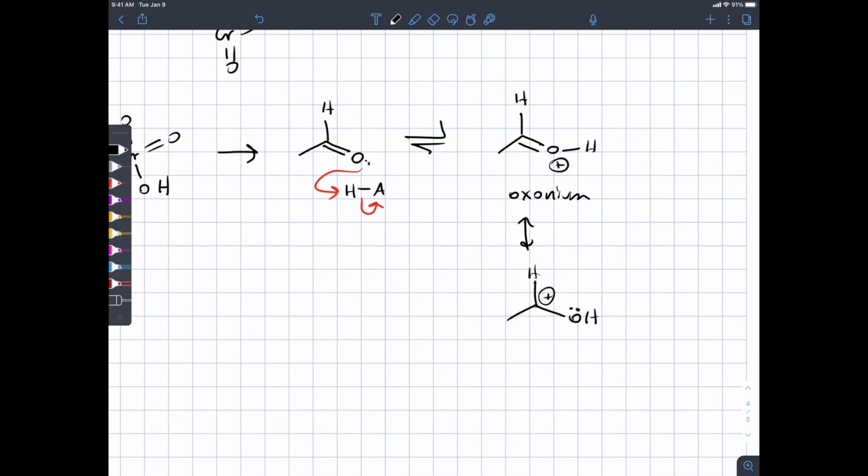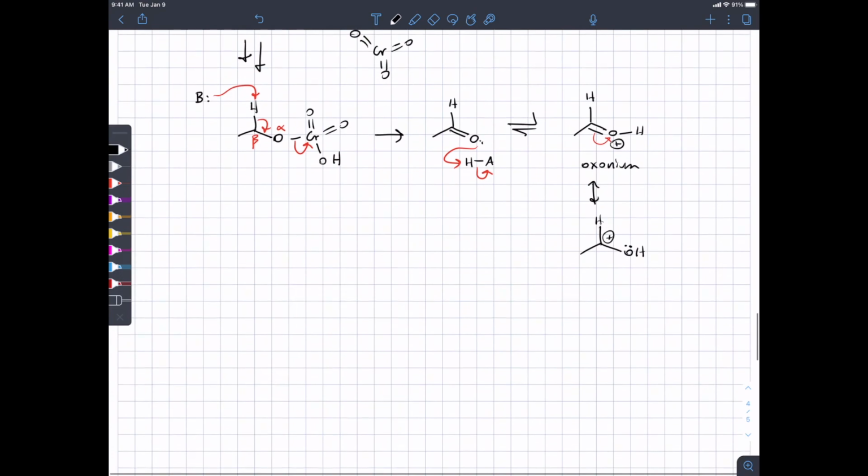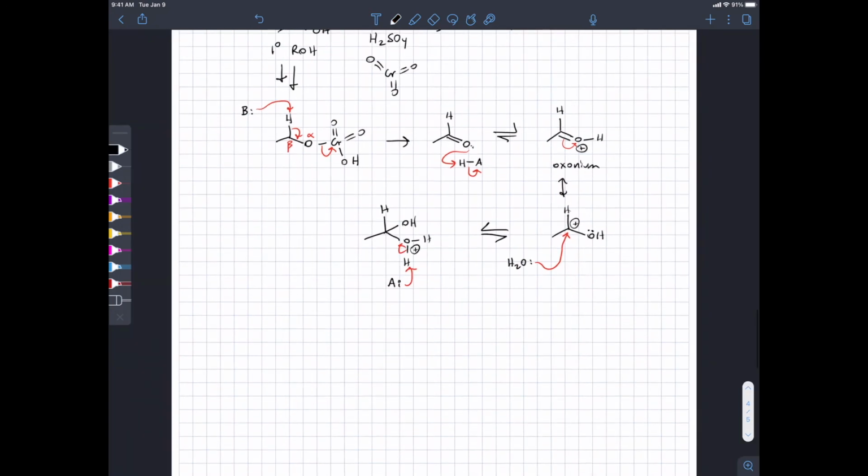You see how we got there? I took this pi bond and moved it onto the oxygen as a lone pair. Again, what I'm showing you here is not going to be something I'm going to test you on, but I'm trying to illustrate why this reagent works this way. Water attacks the positive charge to give you the following intermediate, and then we can regenerate our acid by removing a proton from the OH group.